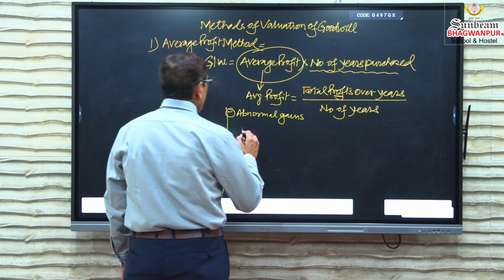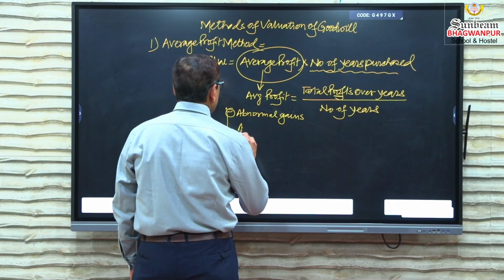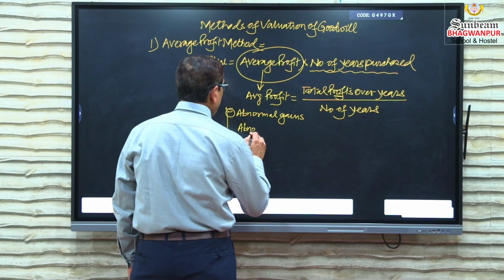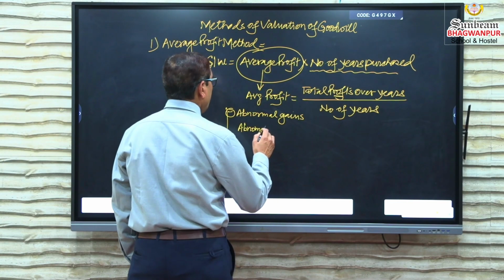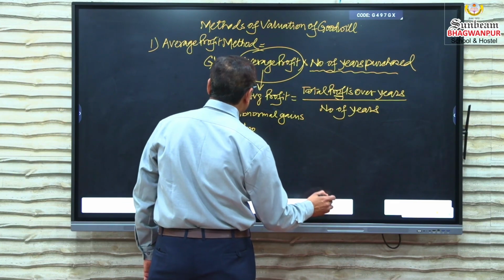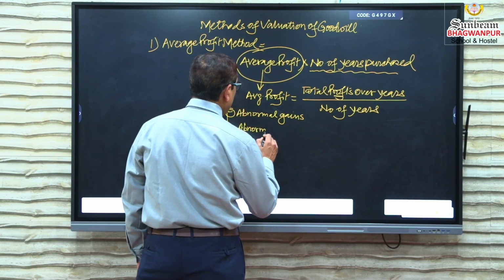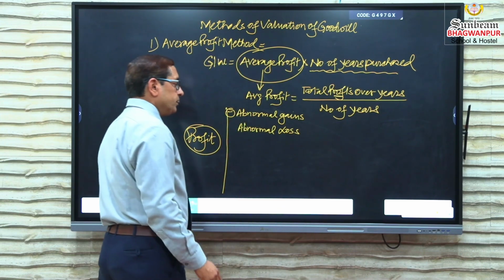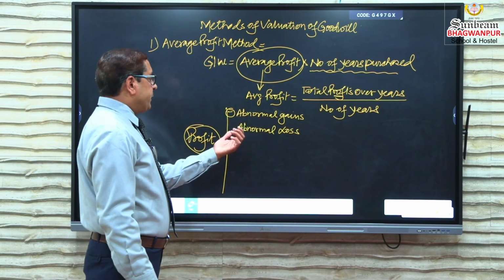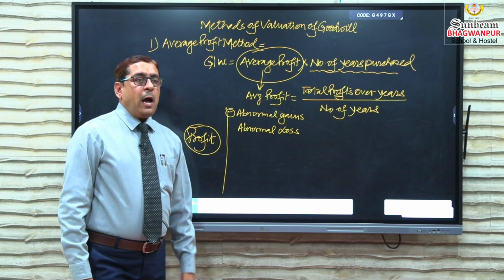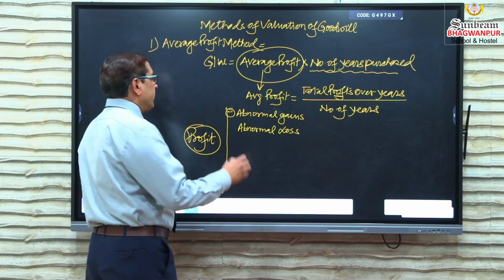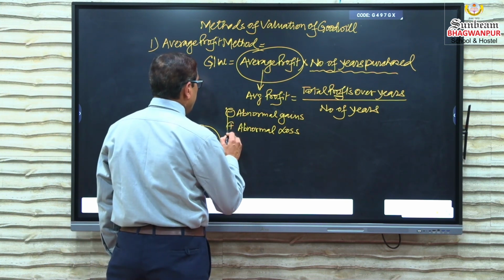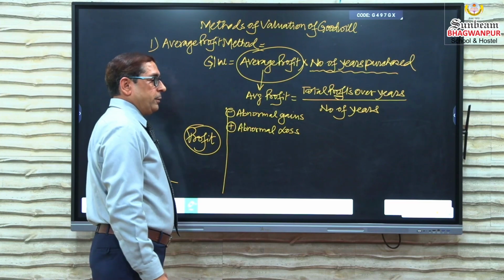Similarly, if there was some abnormal loss, what will be the treatment of this abnormal loss? Abnormal loss is to be added to that particular year's profit.